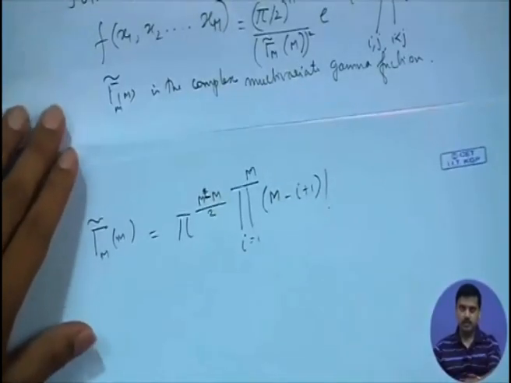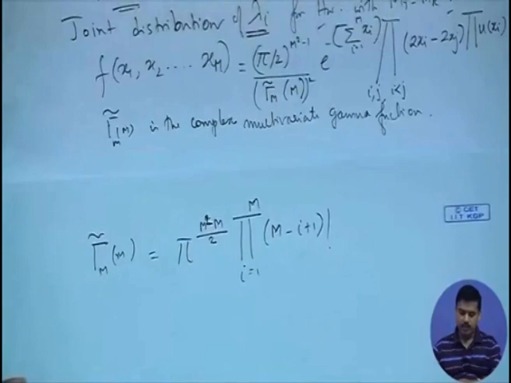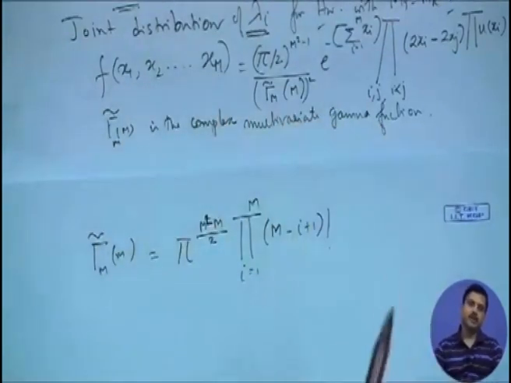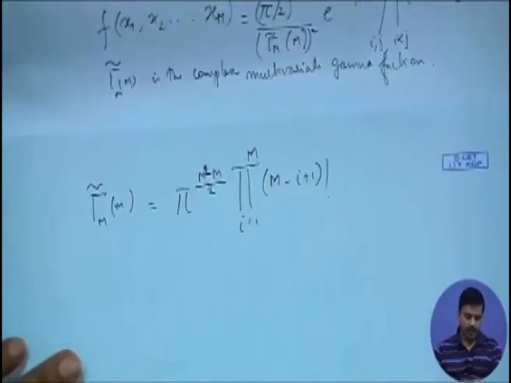Okay, so these two expressions together would define the joint distribution of lambdas. From the joint distribution of lambdas, of course, we can calculate all the things that will be required.